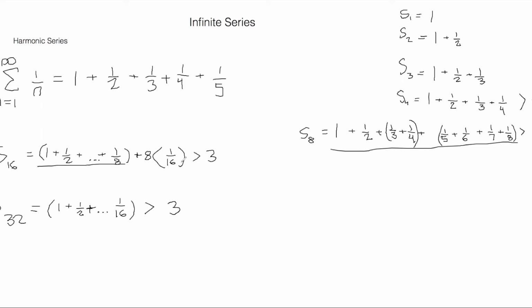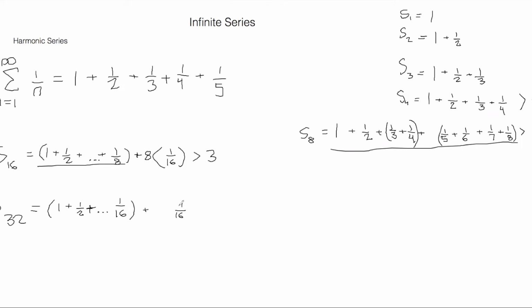So we want to figure out what happens if we add another multiple of 1/16 for every other element past this one right here. So just like we did in the last few finite sums, we want to take 1/17, 1/18, 1/19, 1/20, all the way up to 1/32, replace every single one of those with 1/16.